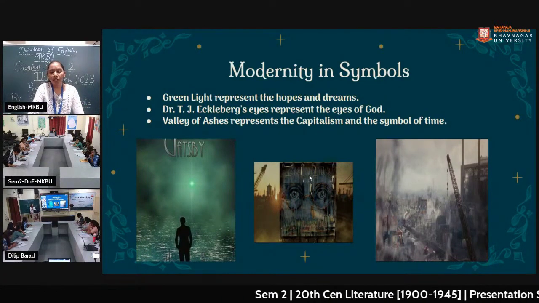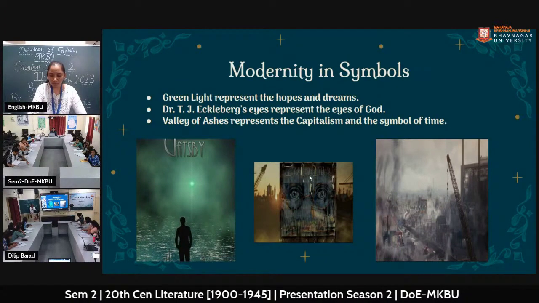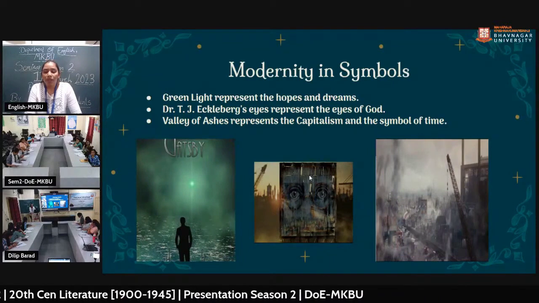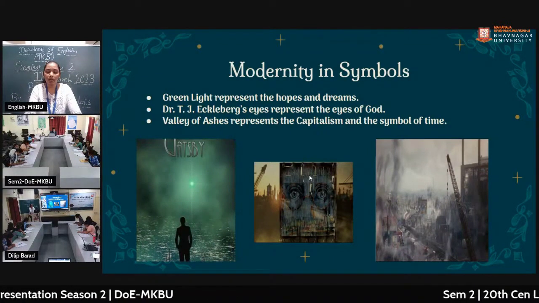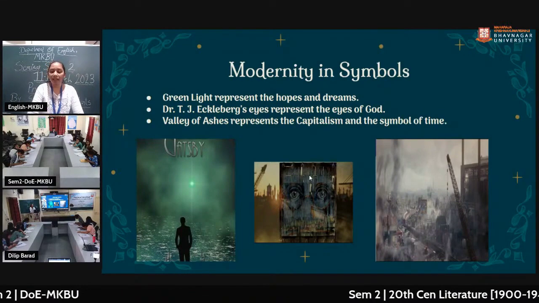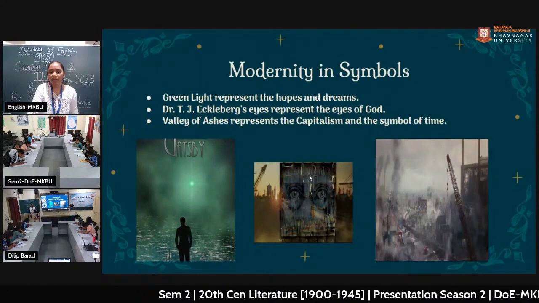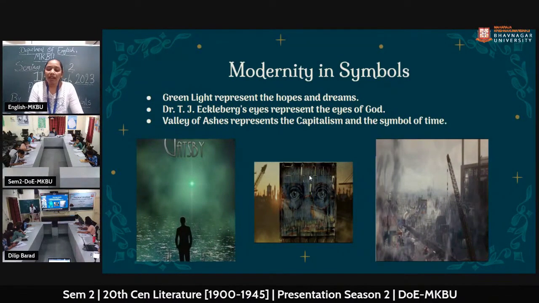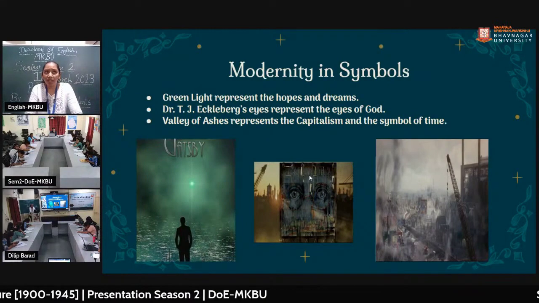And the Valley of Ashes represents capitalism and is a symbol of time. The Valley of Ashes is an industrial wasteland where the upper and lower class people work, and it presents the industrial development of America.